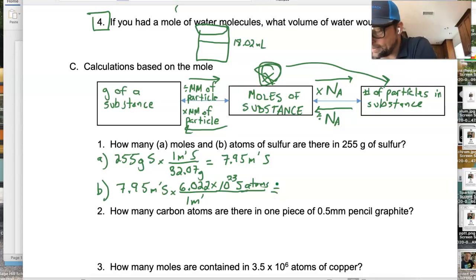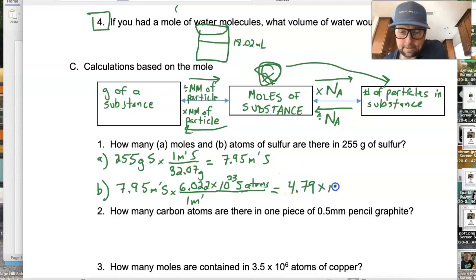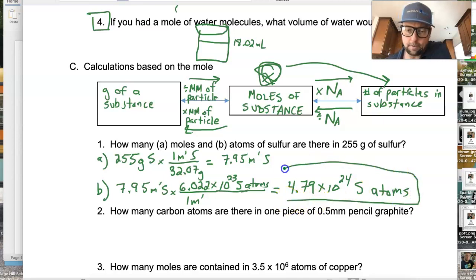That gives us 4.79 times 10 to the 24th sulfur atoms. A huge number, because that is a significant number of moles. Almost 8 moles of sulfur means we're going to have way more than 1 mole, which is 6.02 times 10 to the 23rd sulfur atoms. So this is how a lot of these problems go.